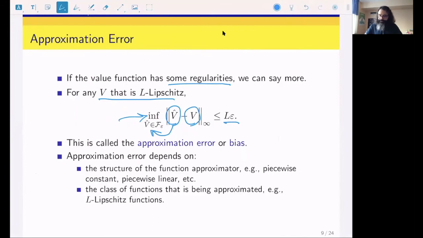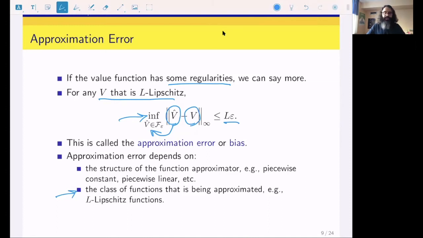Approximation error in general depends on many factors. One is the underlying function that we want to approximate. If the functions are somehow nice, then the approximation error in general would be smaller. But it also depends on the type of function approximator that we are using for approximating a function.